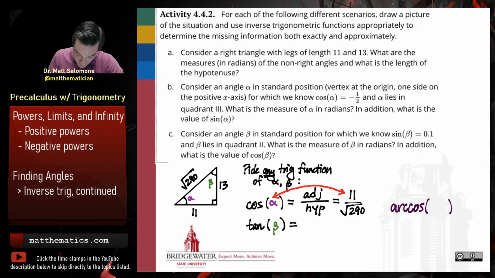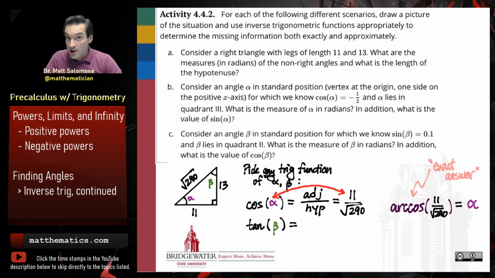The input to this function is the output from my other function, 11 over the square root of 290. And the output from this function is the input from the old function, which is my heretofore unknown angle, alpha. And so alpha is the arc cosine of 11 over the square root of 290. And so when the author of this problem says give an exact answer, this is what we mean by an exact answer.